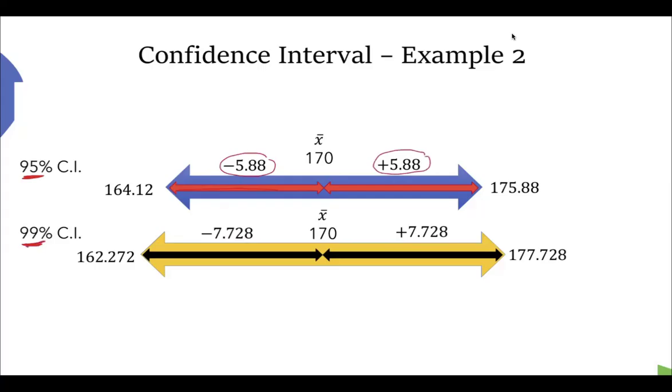In a 99% confidence interval, it was negative and positive 7.728. So it looks like when our confidence level increased, our margin of error increased. The other thing that changes is the confidence interval widens. With a 95% confidence interval, we see a more narrow estimate, and with a 99% confidence interval, we see a wider estimate.